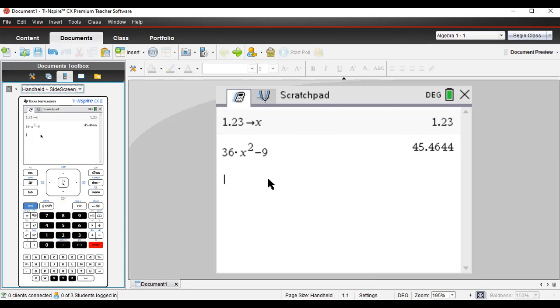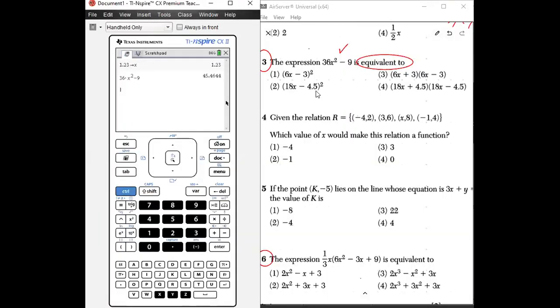So what I'm going to do now is make this a little smaller so you can see what I'm doing here. The very first thing I'm going to do is enter the first expression, parentheses, 6x minus 3, squared. Press enter. They don't match. That's about 19.